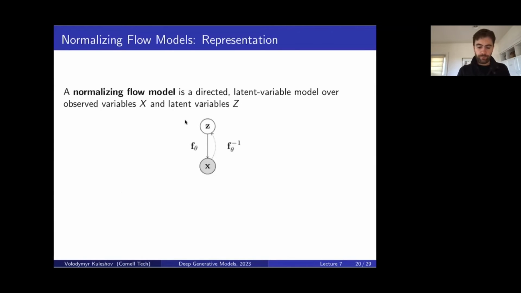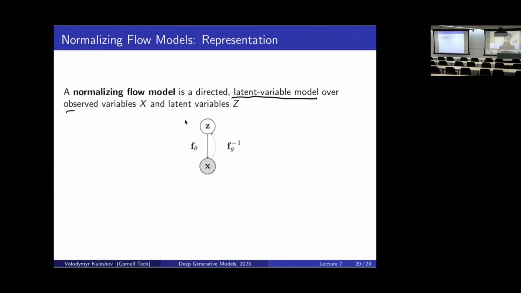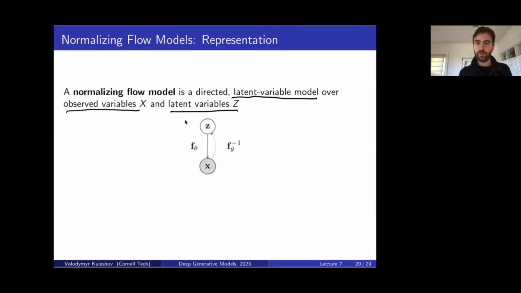A normalizing flow is a latent variable model over observed variable x and latent variable z. First of all, P of z is going to be a simple model family. Similarly to a variational autoencoder, we can make P of z Gaussian or uniform, but P of z is simple.